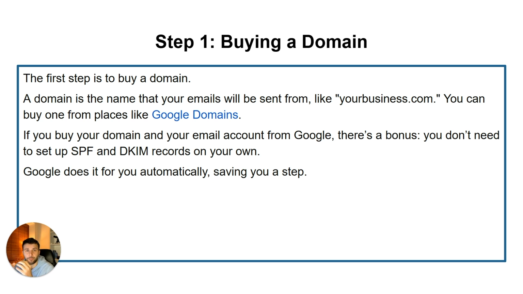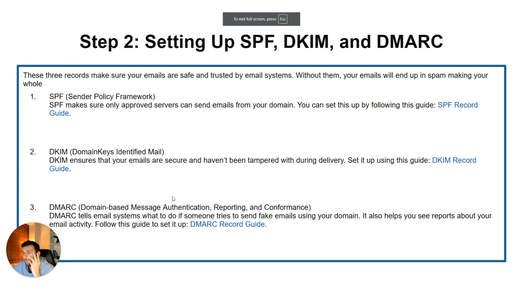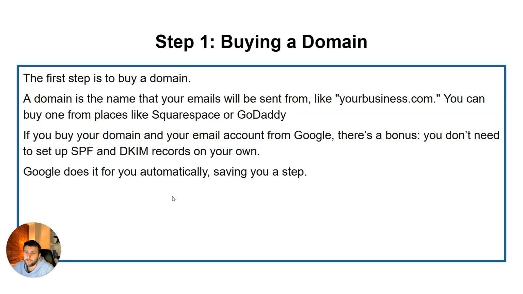So, step number one, we already covered it. First step is to buy a domain, okay? Now, a domain is the name that your email will be sent from, like yourbusiness.com. You can buy from places like Squarespace or GoDaddy, okay?